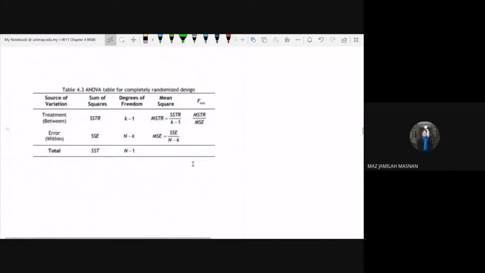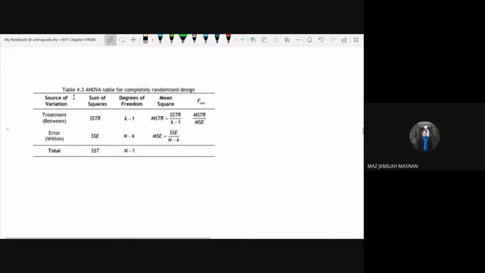Before we start with our Excel, this is how your ANOVA table is generated, and what is inside your table. Your first line would be the information that you will have in your ANOVA table.